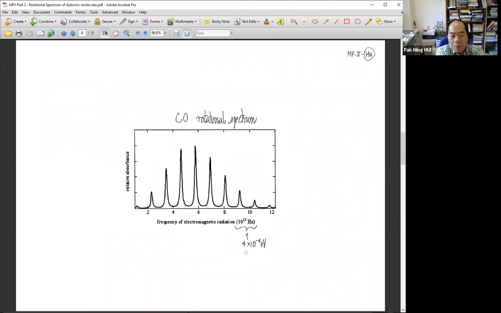So here is an example, the CO rotational spectrum. Here given in Hertz. You look it up, okay? So this is in the far infrared and touching microwave.